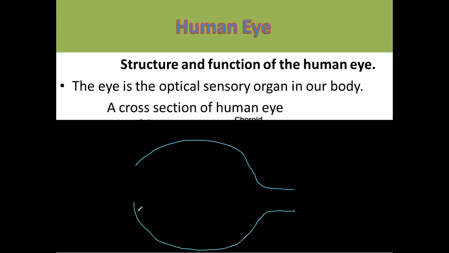First draw like this. I use white color for this front part. This is cornea. This is sclerotic layer.